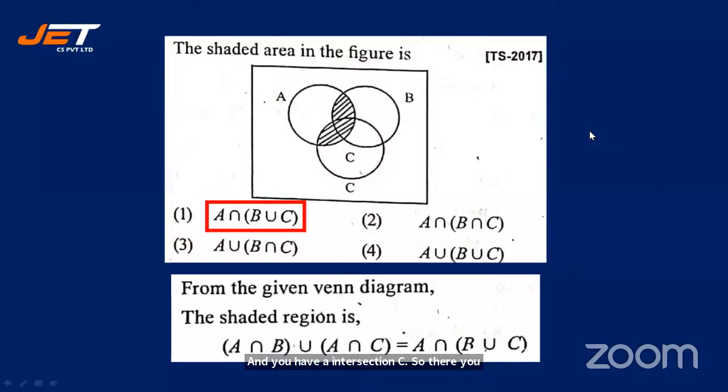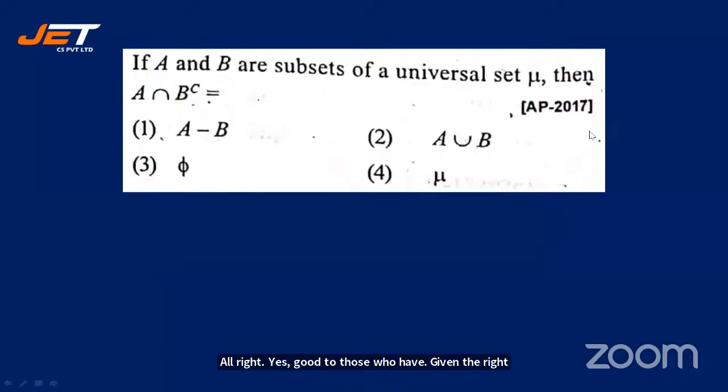So what is A intersection B union A intersection C? The formula is A intersection B union C. That is why we have opted for option 1 as the right answer. All right. Good to those who have given the right answers. Others, please rectify your mistakes. All right. See the next question.